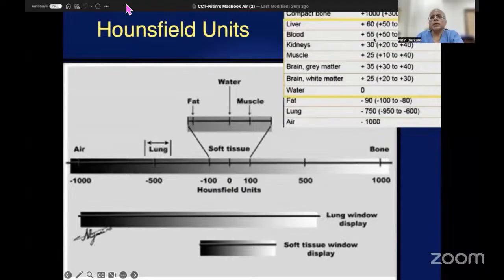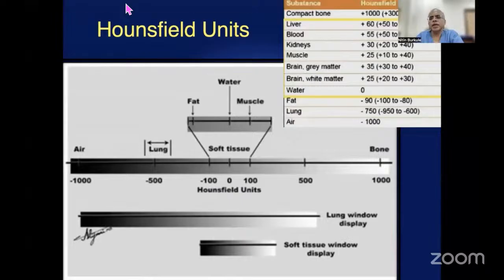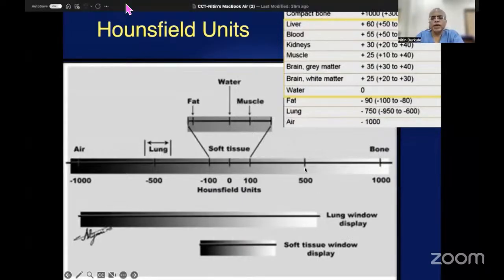Blood is around plus 55, liver is plus 60, the brain is around plus 35, while the bone, depending upon which type of bone it is, can be anywhere from 500 to 1000. So that is how the grayscale would be distributed. That is why if you see fat on the CT, it would have blackish tones, while you will see the muscles look grayer than the water.